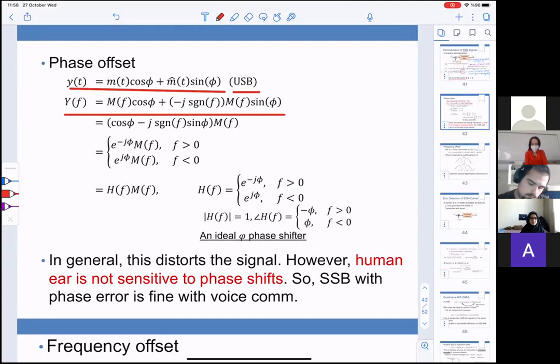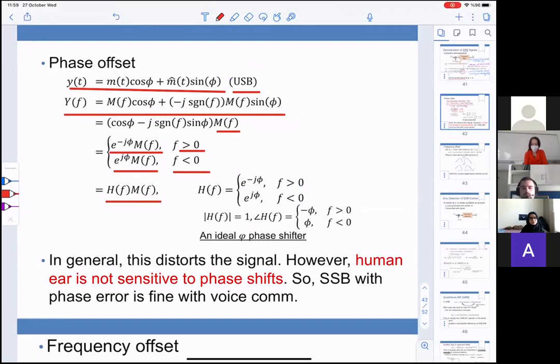Just factor out M of f, and we have cosine phi minus j signum of f sine phi, which basically corresponds to e to the negative j phi M of f for positive frequencies, and e to the j phi M of f for negative frequencies. So this is like taking M of f and passing it through the filter H of f, where H of f is an ideal phase shifter.